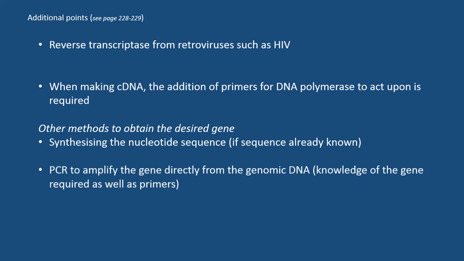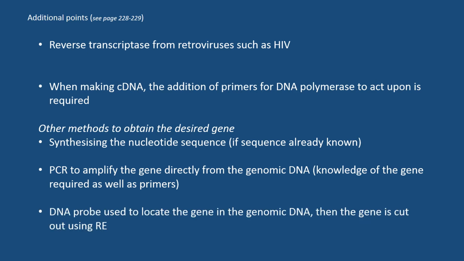Also, if we know where the gene is and we know a little bit about it, we can use primers to bind either side of the gene and then use polymerase chain reaction to make many copies of that particular gene. And finally, if we don't know where the gene is but we know something about it, use a DNA probe to locate the actual gene in the genome, and providing that there are restriction enzyme sites, which I'll say a little bit more about later, we can cut that gene out directly.